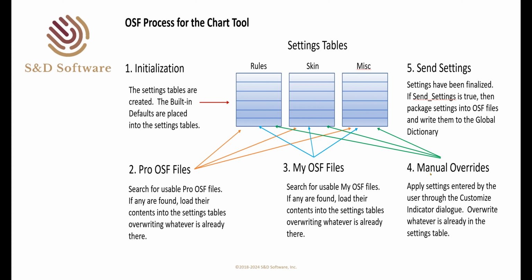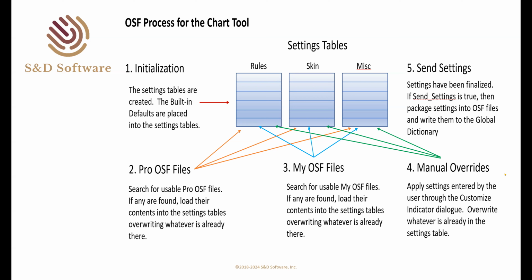And then finally, you get to the manual overrides. And again, this is things that are entered through the Customize Indicator dialog. And those are, I guess you could say, the last word on the value for a setting.